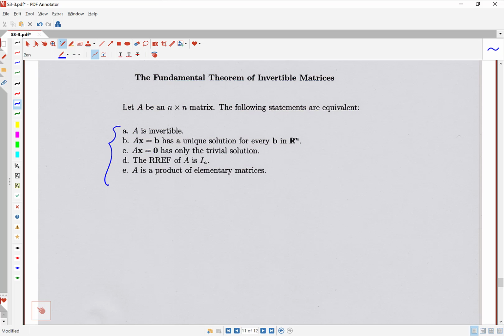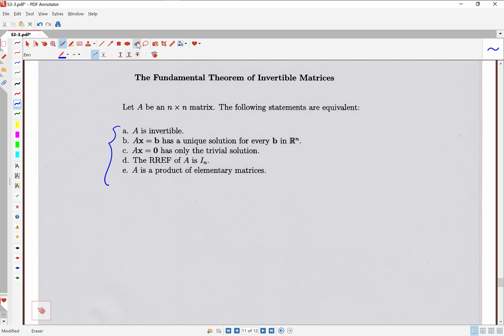The system AX equal the 0 vector has only the trivial solution. The RREF of matrix A is the identity matrix of the appropriate size, so the n by n identity matrix. And A is a product of elementary matrices.